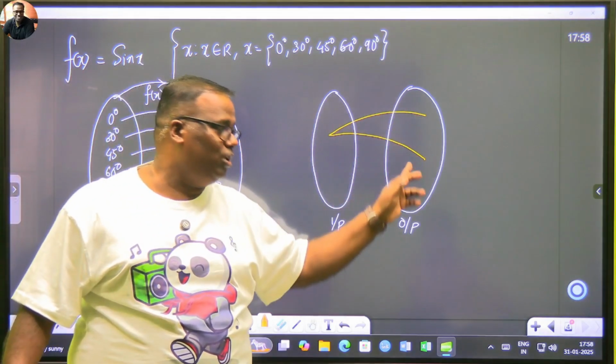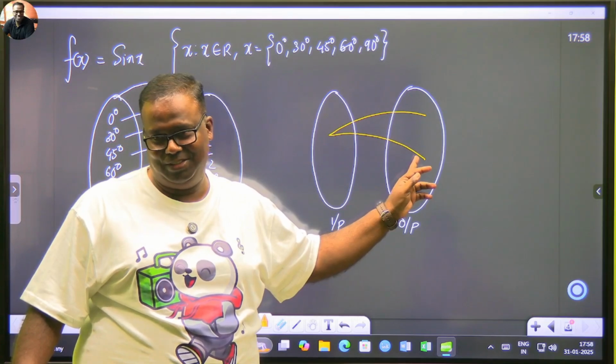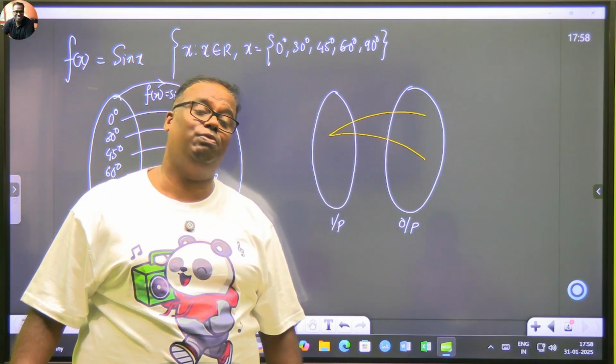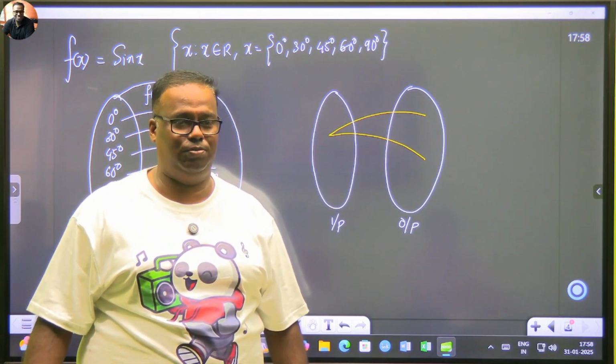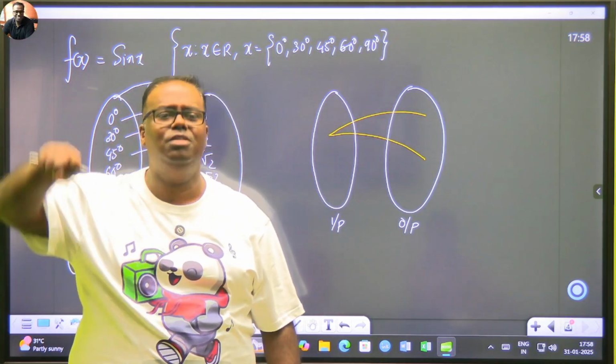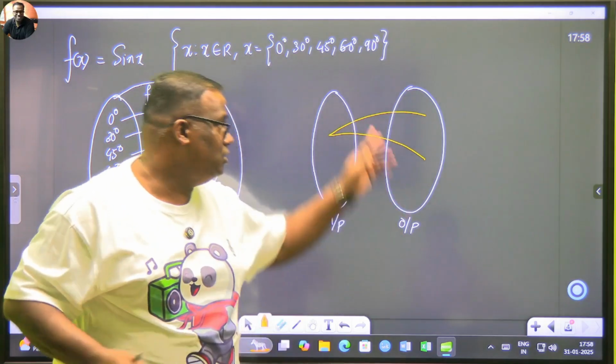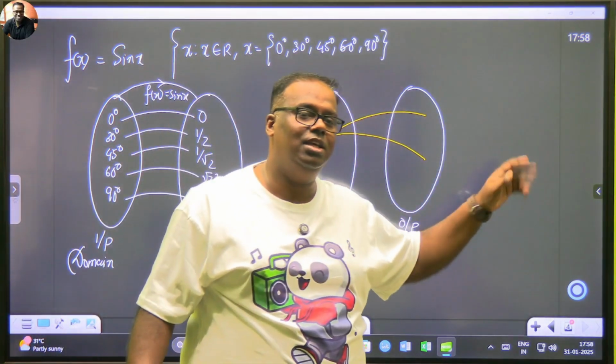Sine 30 cannot give me two values. However, sine of two different angles can definitely be half. You know it, sine pulsates. Sine 0 is 0. After that, sine 180 is again 0.